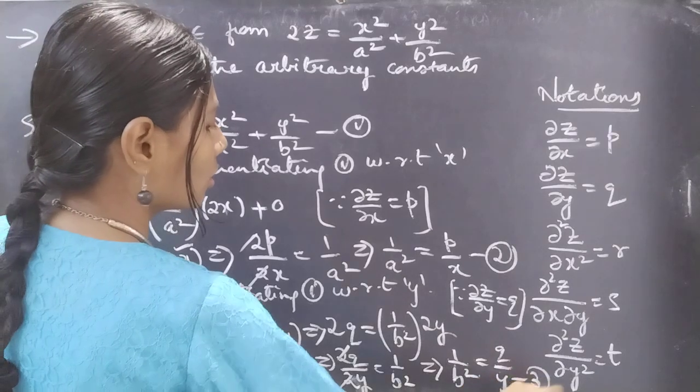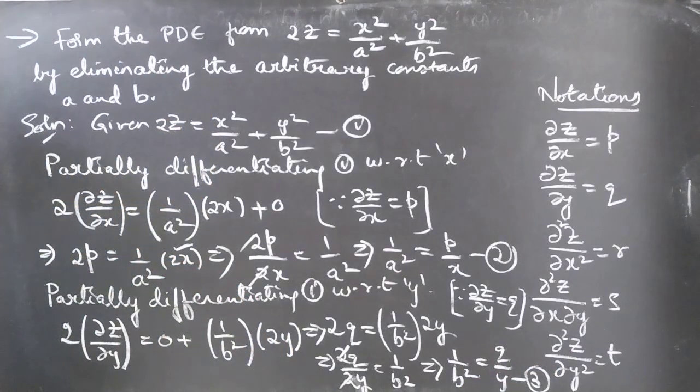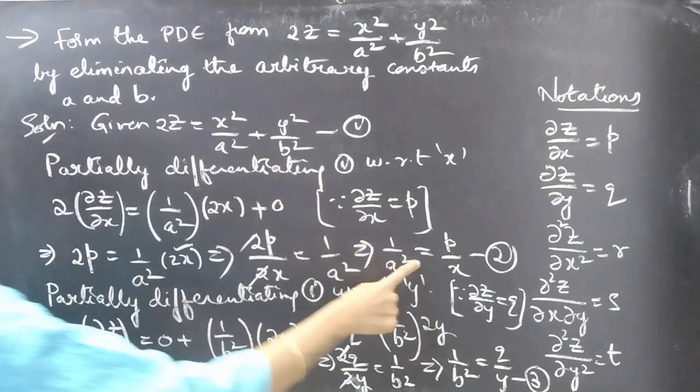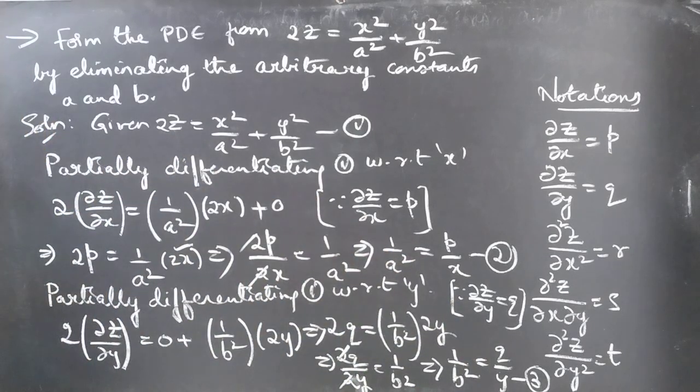Consider it as equation number 3. Now observe 1, 2 and 3. Here our motive is to eliminate the constants from 1 in order to find the required partial differential equation from the given relation.